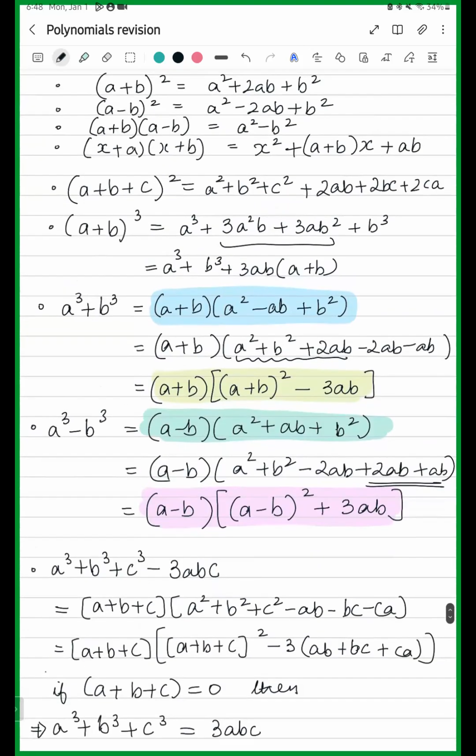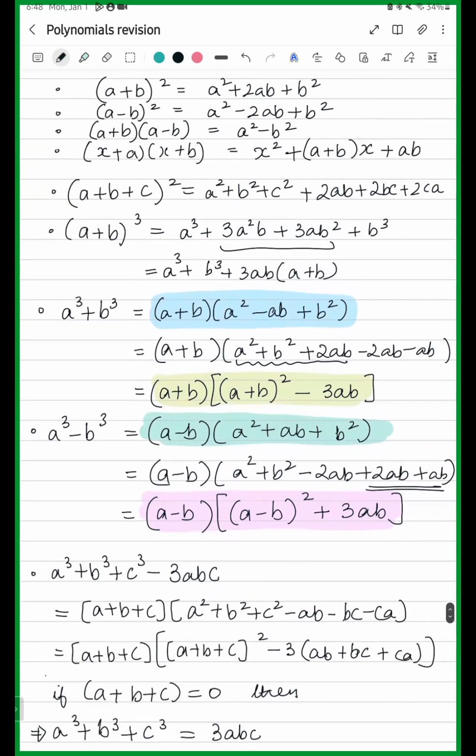So these are a few identities that we had done. Now we will do some factorization questions. Do you guys have any factorization questions for me? Then we will do those in class.